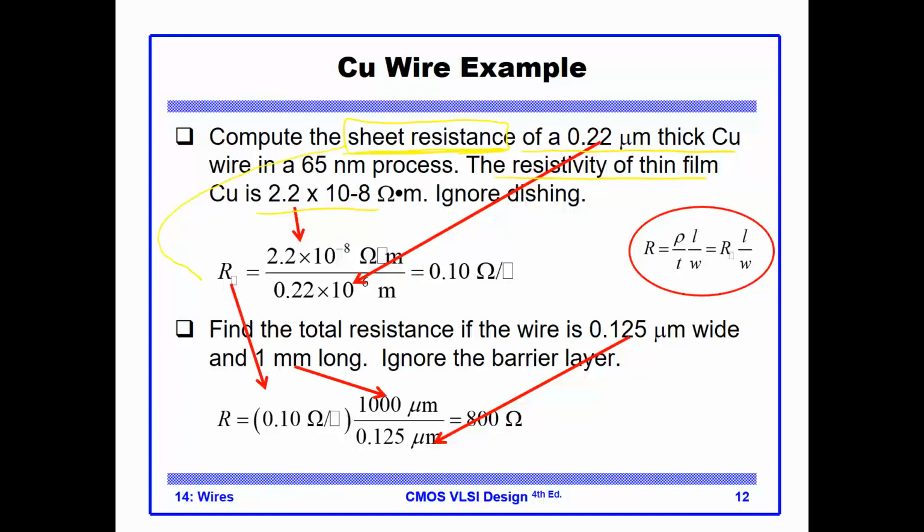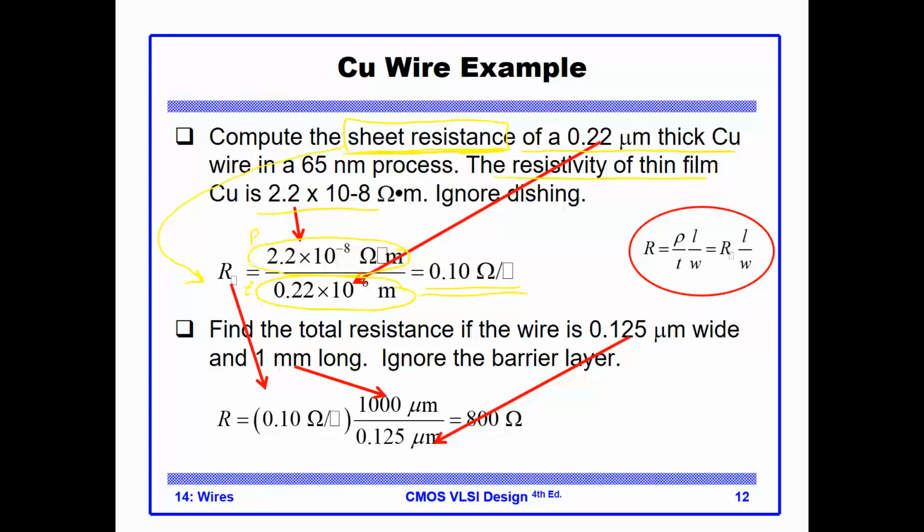The sheet resistance is the resistivity, rho, divided by the thickness, T. And we get 0.1 ohms per square.